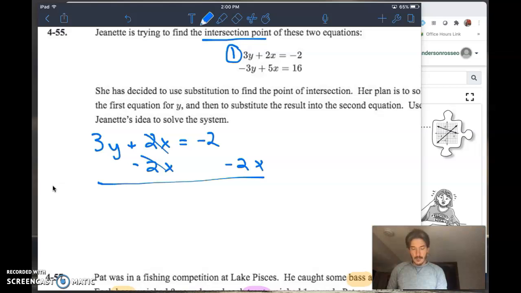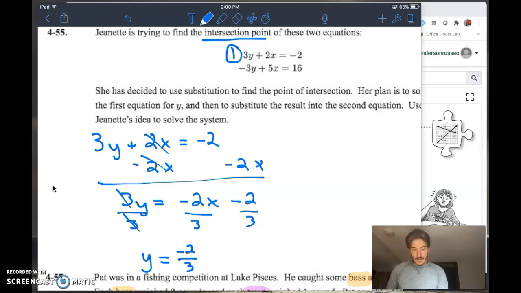You cancel here. I've got 3y equals negative 2x minus 2, and now we're just going to divide everything by 3. I will try my darndest to make sure, as these 3's cancel, that I maintain those fractions. So I've got negative 2/3 x minus 2/3. Okay, so there's that first equation solved for y.